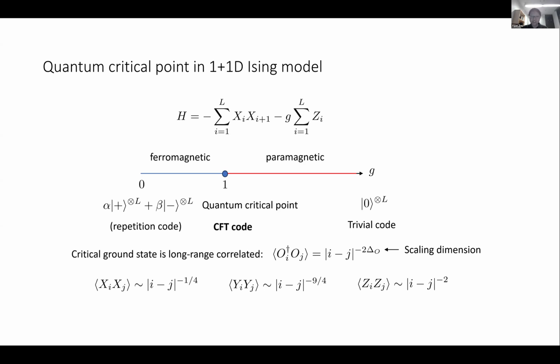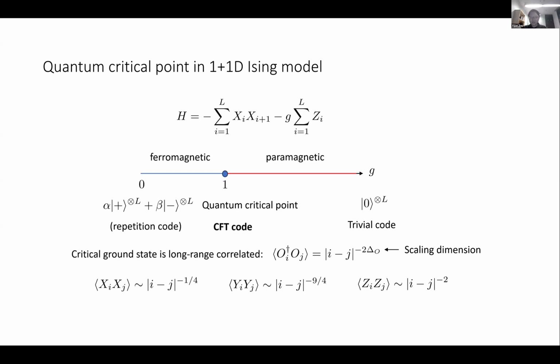But this is a quantum system, so you could have any superposition of these as an eigenstate. As I have just told you, this code subspace is actually identical to the repetition code, right? Because in the repetition code, you also repeat the same state n times. So we know that at g equal to 0, there is a degenerate subspace, and this degenerate subspace can be described by a repetition code.